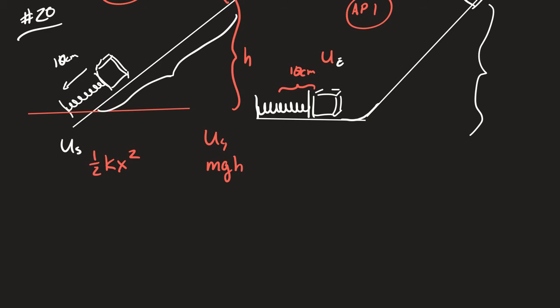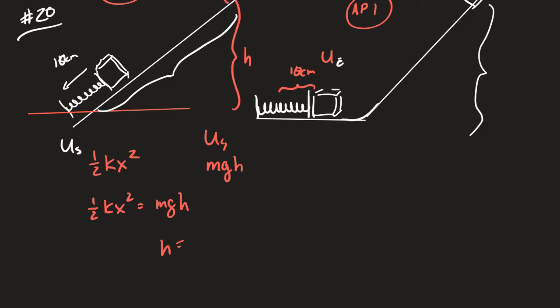All right, so they tell me the spring constant is, let's see. They don't tell me the spring constant. Do they? 40 gram cube. Oh, 20 newtons per meter. There we go. So 1/2 kx squared equals mgh.